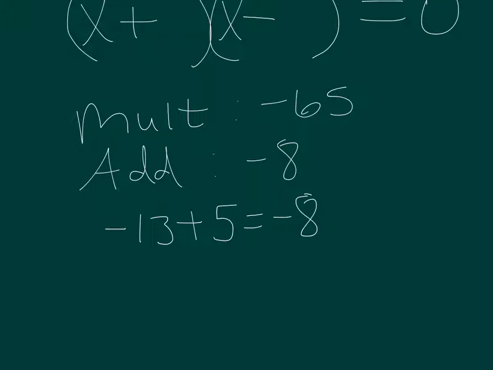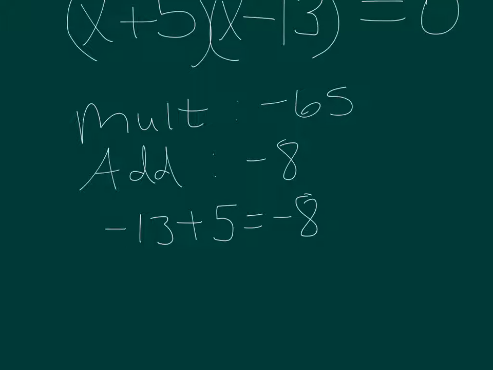Okay, so the 13 has to be the larger number since the 8 is a negative, and then the 5 is the positive. Now, once we have this factored, we set each factor equal to 0.